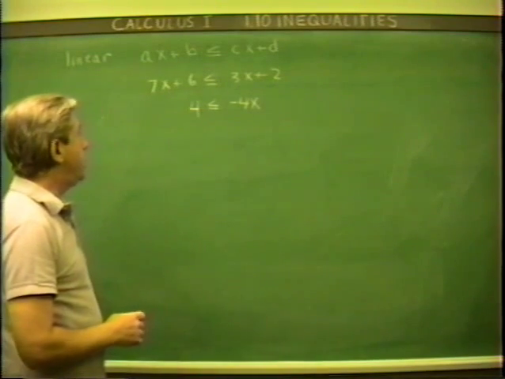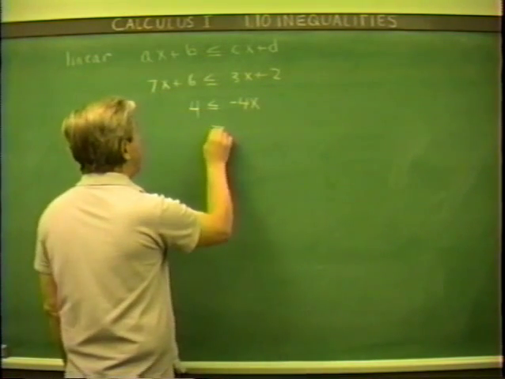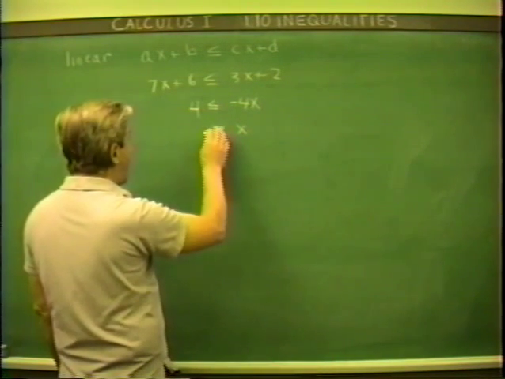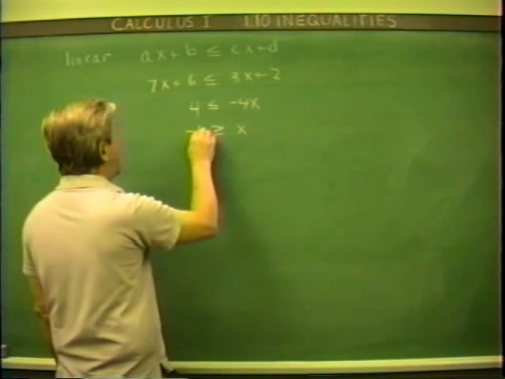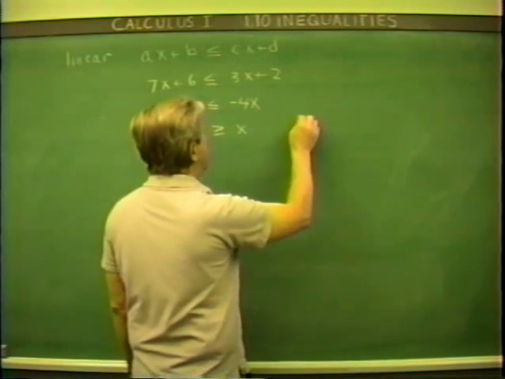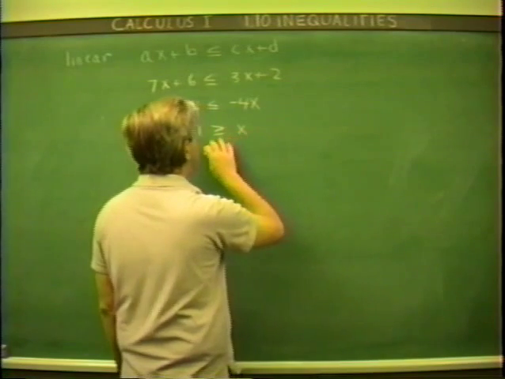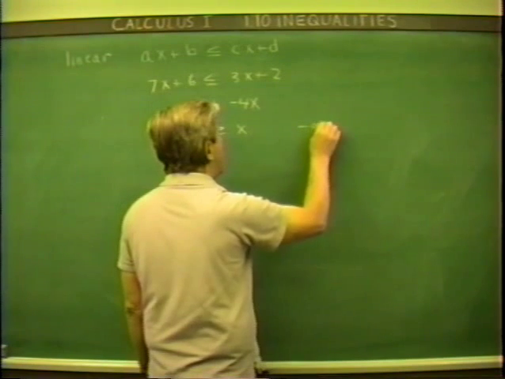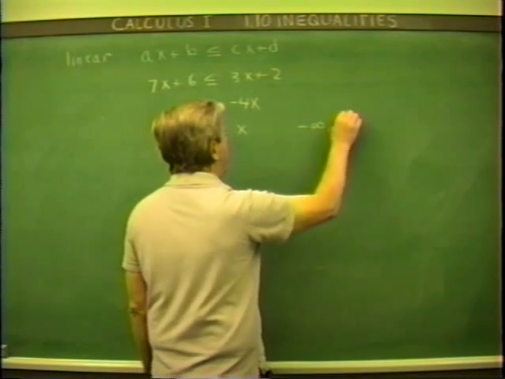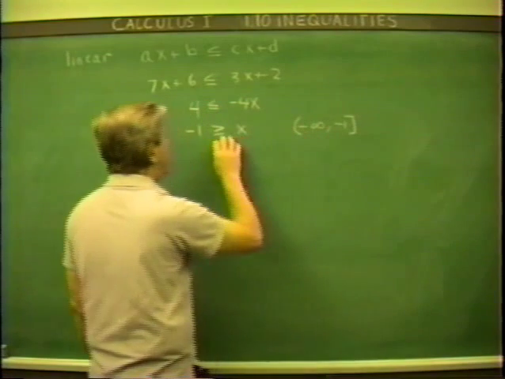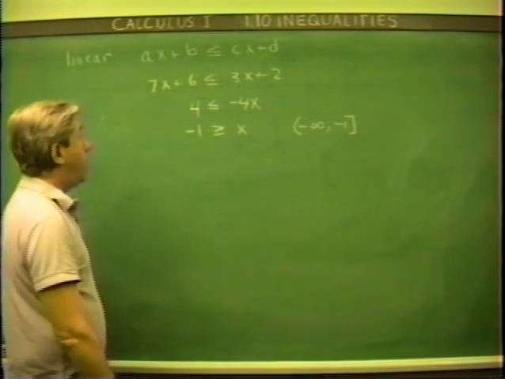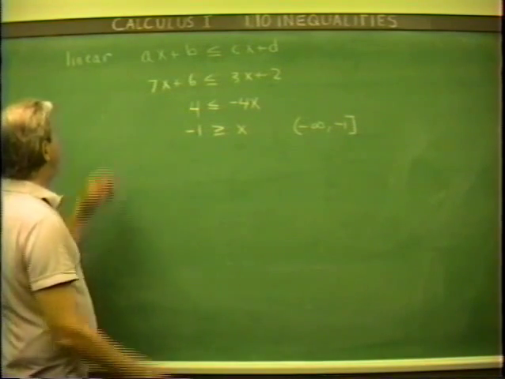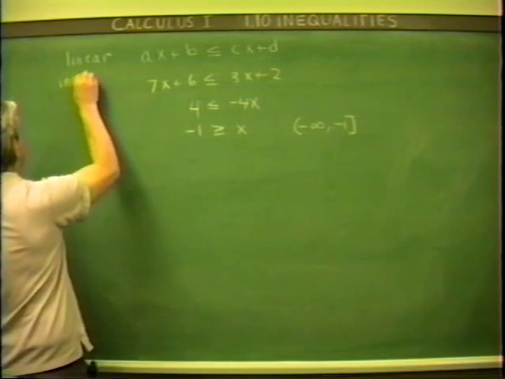Now you'd like to divide both sides by minus 4, but you have to be careful here, of course, because minus 4 is negative. We're multiplying by minus a quarter, essentially, and so we have to reverse the direction of the inequality. That's to say, we get x is less than or equal to minus 1. Or the solution set, the set of all x for which the given inequality holds, is minus infinity to minus 1. And here the minus 1 is included because we've got equals minus 1 as a possibility.